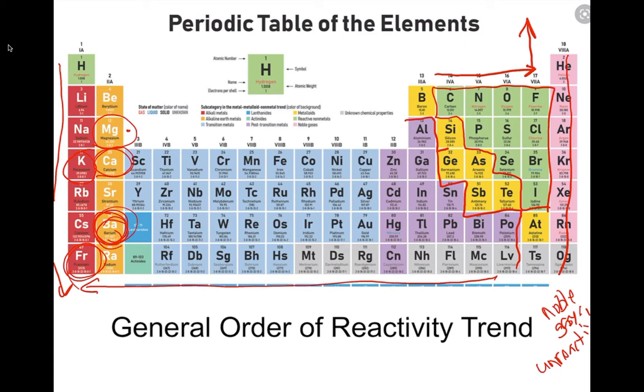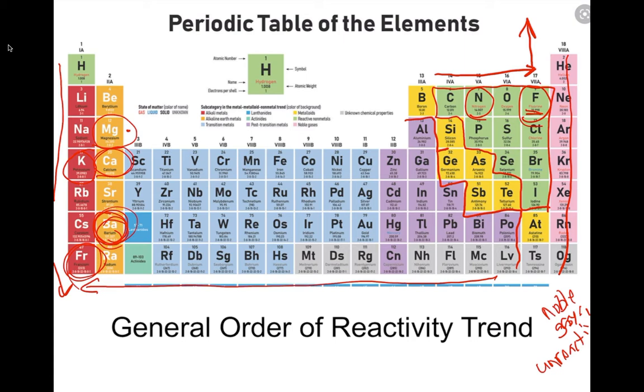All right, so my most reactive nonmetal then would be this fluorine, because it is the furthest to the right and the furthest up. In comparison to, say, nitrogen, fluorine is still going to be the most reactive because it is further to the right.